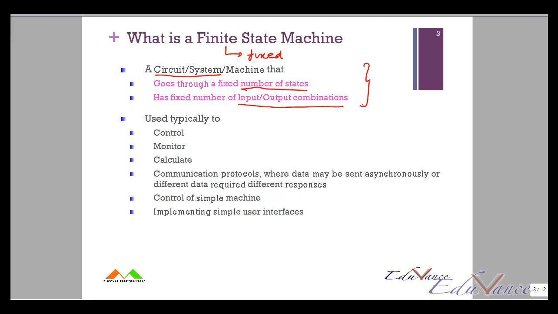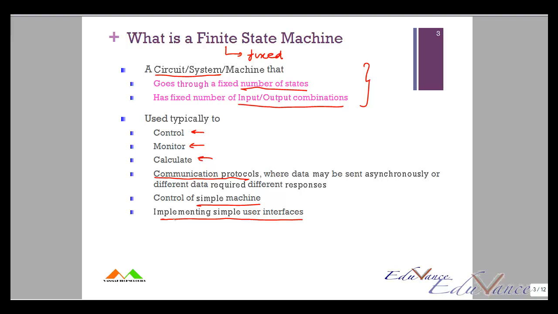Keeping the definition aside, what is it used for? You can use it to control applications, to monitor applications, to calculate values, for communication purposes, for controlling simple and complex machines, and also to implement simple user interfaces.